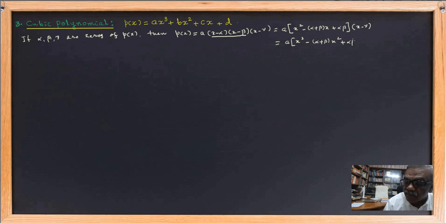plus alpha into beta into x, then multiply minus gamma to each term of the quadratic polynomial, so I can write down minus gamma x square plus gamma into (alpha plus beta) into x minus alpha beta gamma.